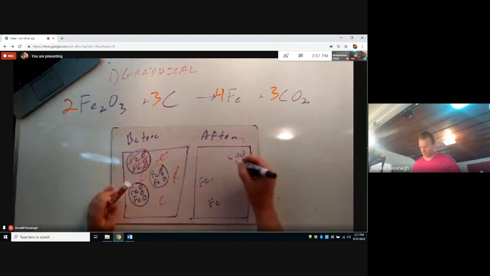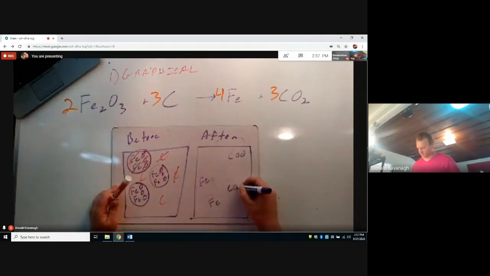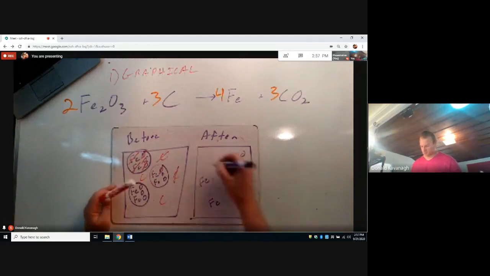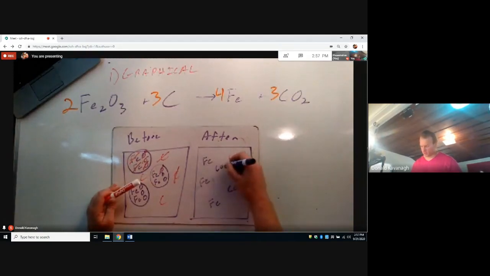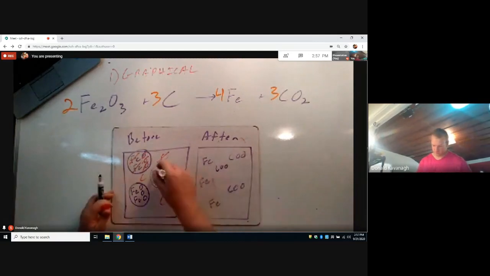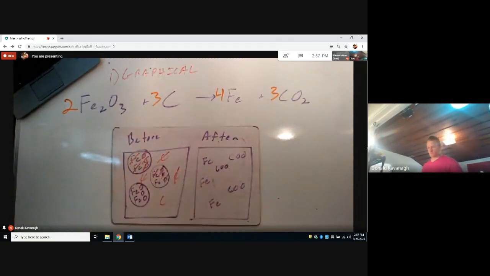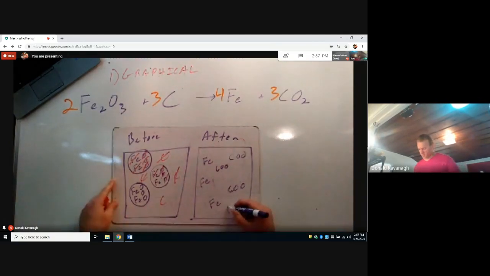Let's make another, whoops, there's our other CO2. One more iron and CO2. And then another iron and CO2.